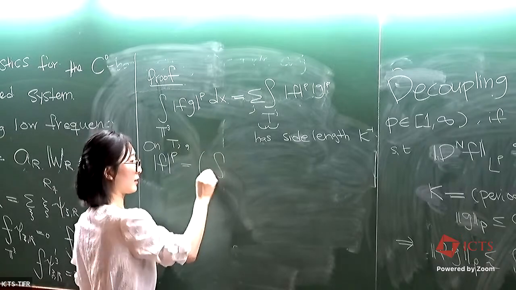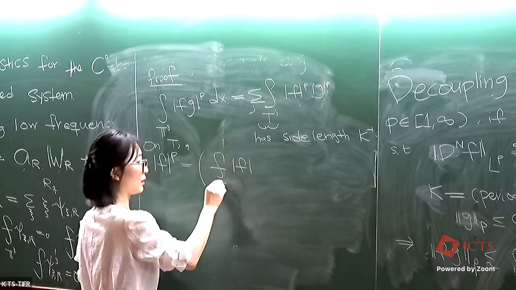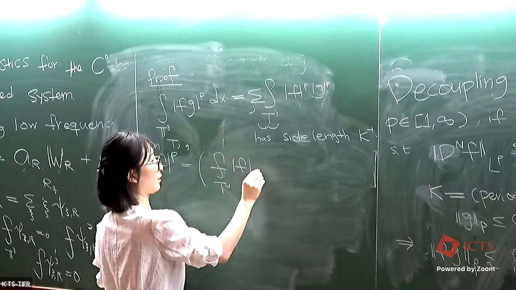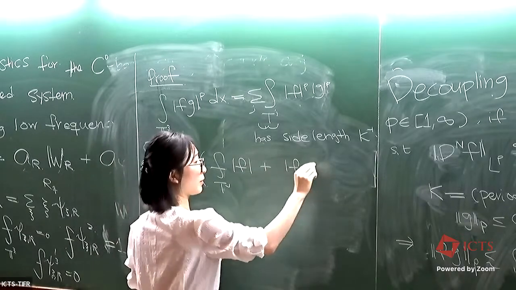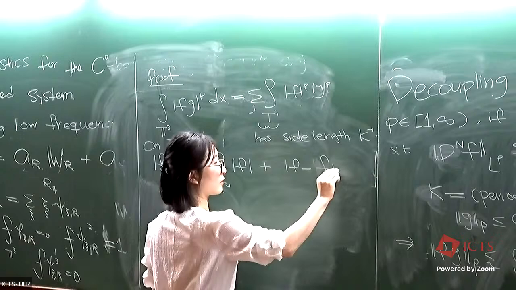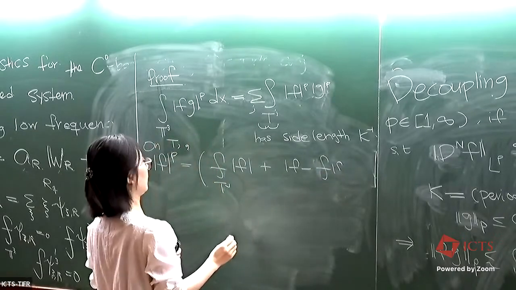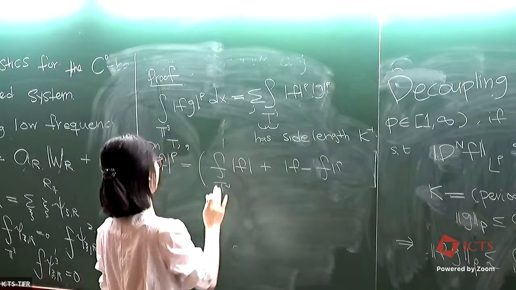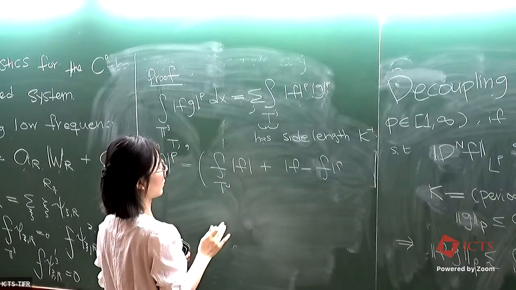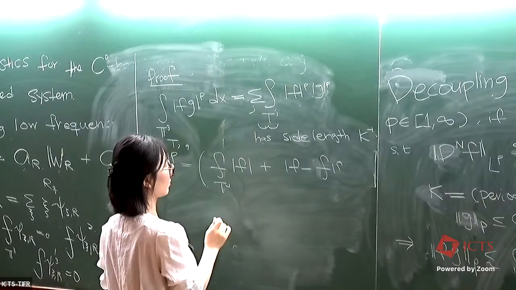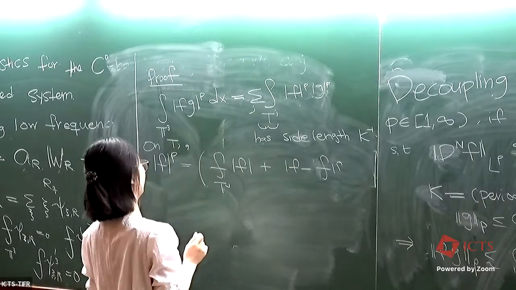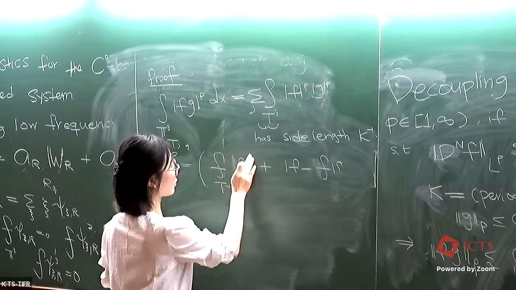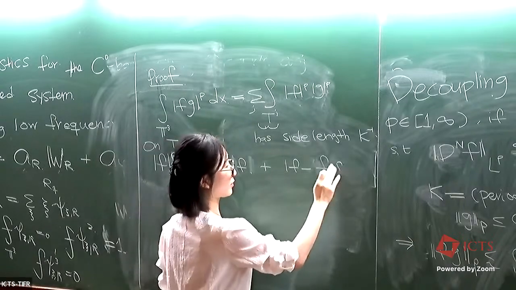One can write it this way: the mean of f on T_j plus f minus its mean.